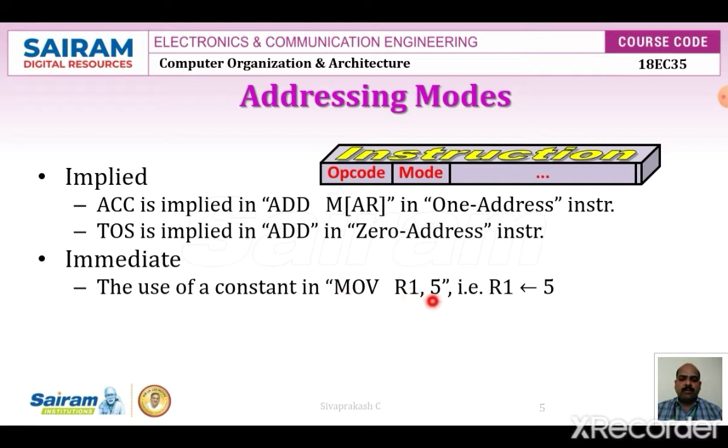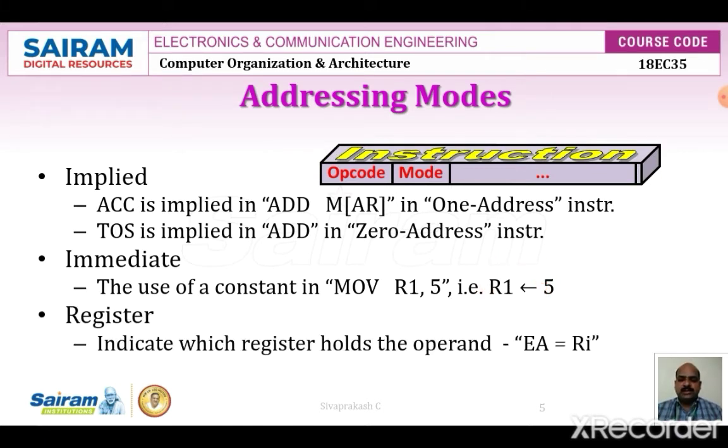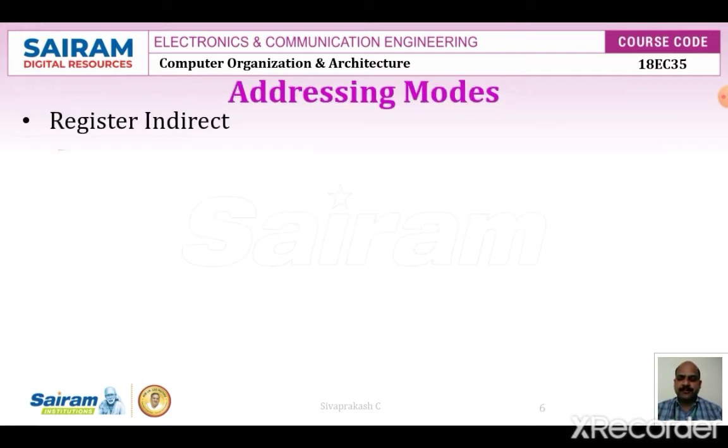Move R1 comma 5: 5 is the content specified here, and it is moved directly into the register R1. Moving the data into the register like this is called immediate. Then register: specifying data in a particular register, and we perform the operation wherever it is needed. Such a thing is called register.